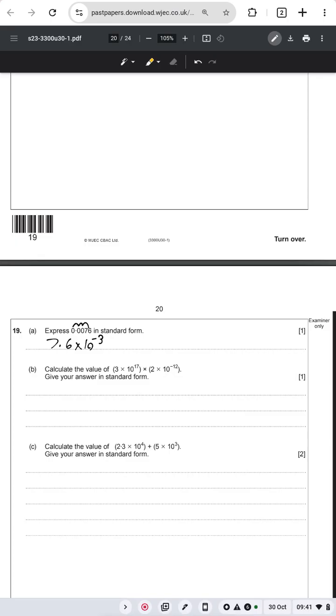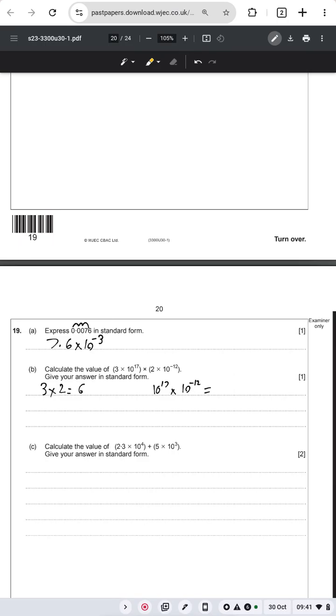Calculate the value of 3 times 10 to the 17 times 2 times 10 to the minus 12. Give your answer in standard form. So for this, we do 3 times 2, which is 6. And then we do times 10 to the 17 times 10 to the minus 12.